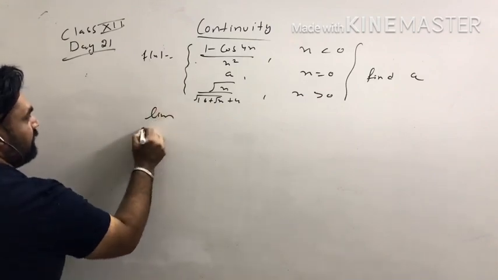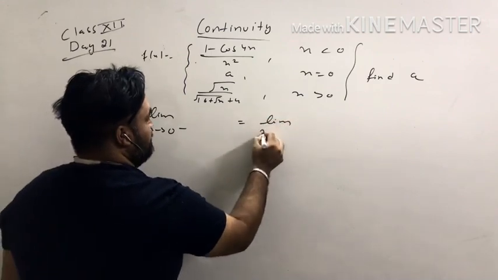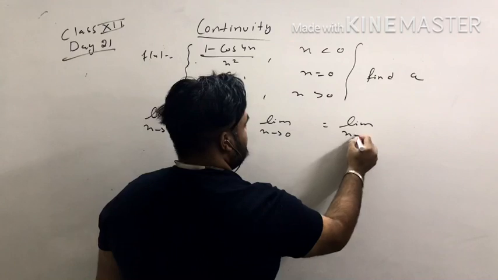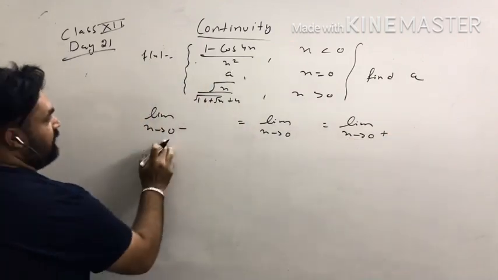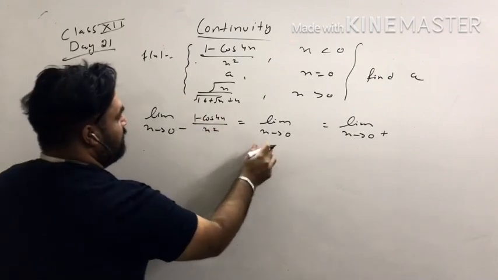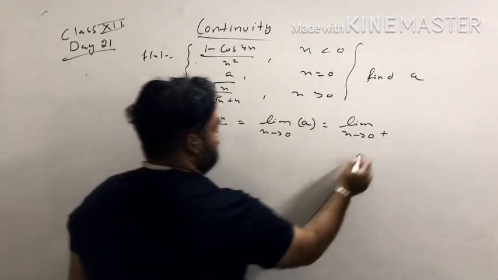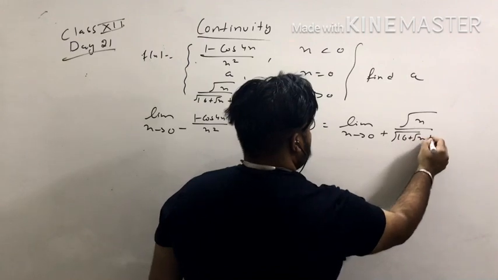So the limit as x tends to 0 minus equals the limit as x tends to 0 equals the limit as x tends to 0 plus. Now 0 minus means less than, (1 minus cos 4x) upon x square. At 0 the value is a. 0 plus means greater than, and the expression is this.